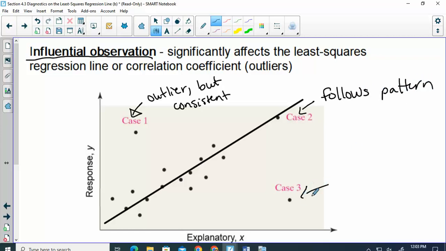What about this last one? Is it an outlier? Would it be a problem? Yeah, it's going to significantly change that line because it wasn't just increasing along with the trend. This one dropped way down, so it's going to significantly drop my line down.